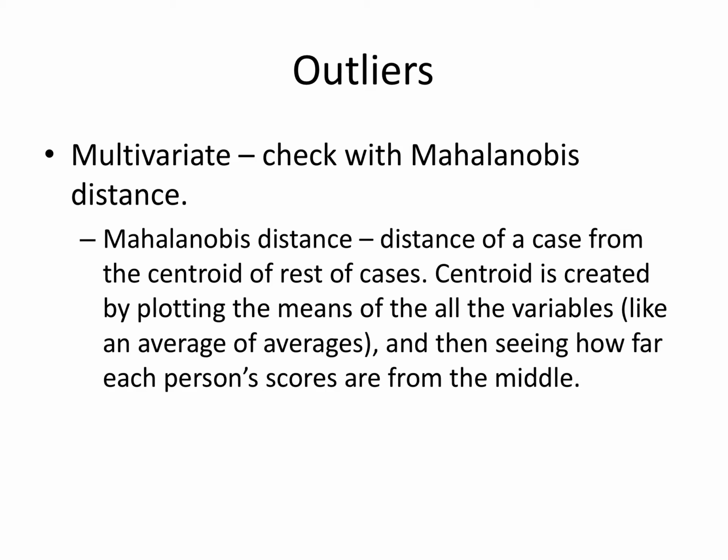So if you're trying to decide with your friends where to go to dinner and you want to find some place in the middle, you're thinking about the centroid and how far away everyone is from that middle. And so the person who's the furthest out is the biggest outlier. They're the one furthest away from you, finding some place in the middle for you guys to all go eat dinner. Okay. So we're going to look for when people are very far from the middle.